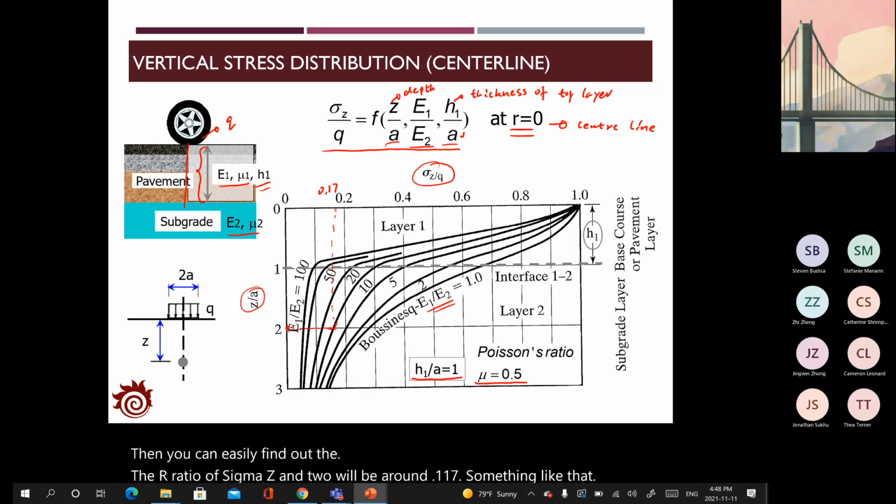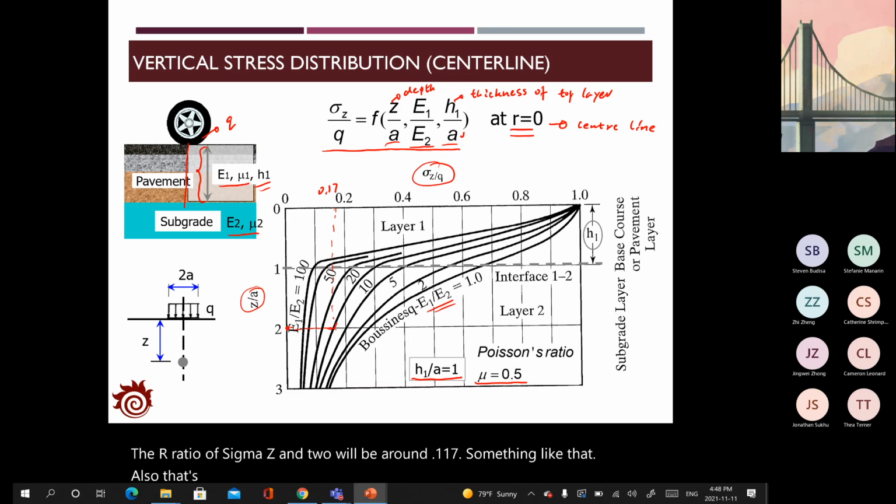So that's the way for us to estimate the vertical stress from the Burmister theory.